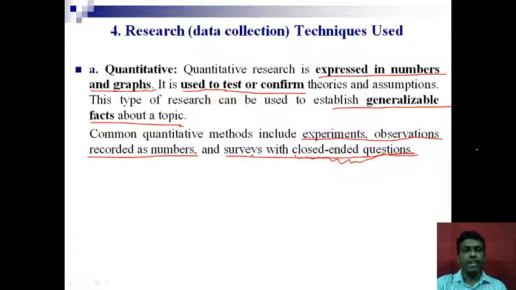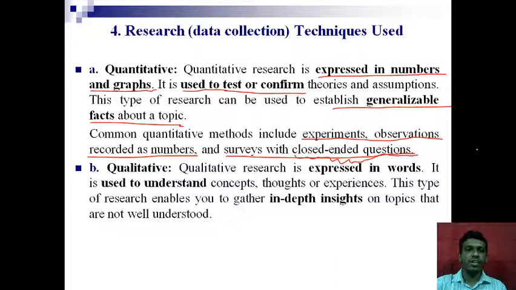The second type of research technique that we are going to study today is qualitative research. Qualitative data, as I've told, cannot be expressed in terms of numbers. It is generally expressed in terms of words. It includes opinions and many times judgments of people.